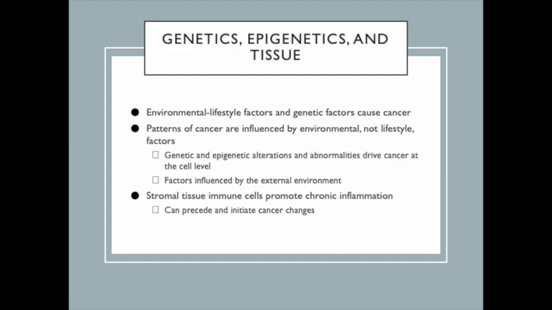The biological environment that surrounds our cells will include metabolic and hormonal factors. Let me give you an example. When a patient has excess estrogen production, inflammation, maybe disordered glucose and lipid metabolism, this could all put them at a higher risk for cancer.